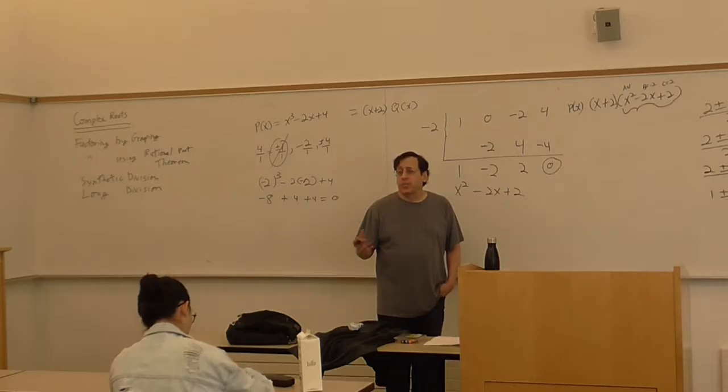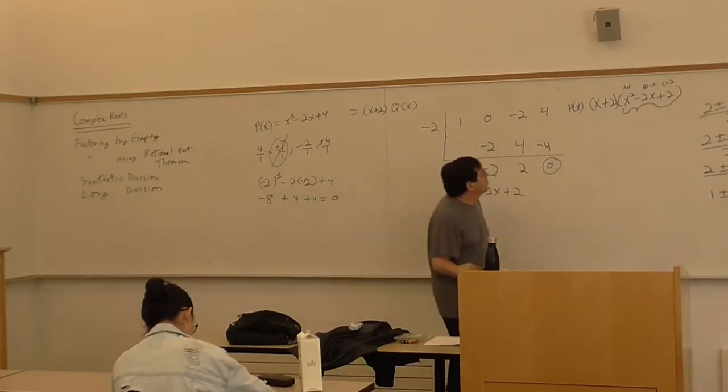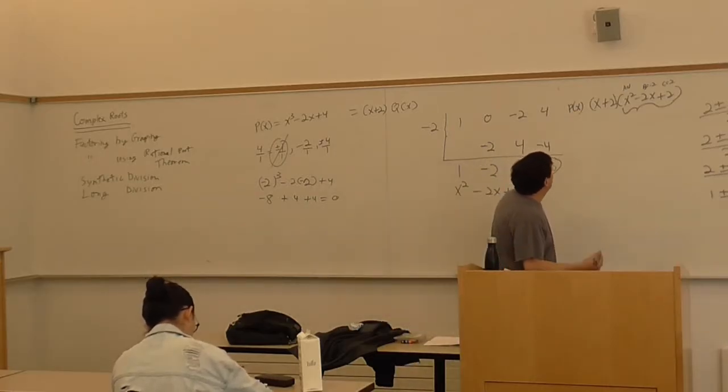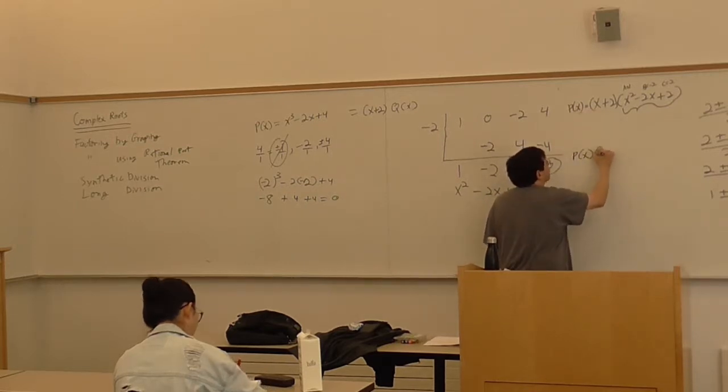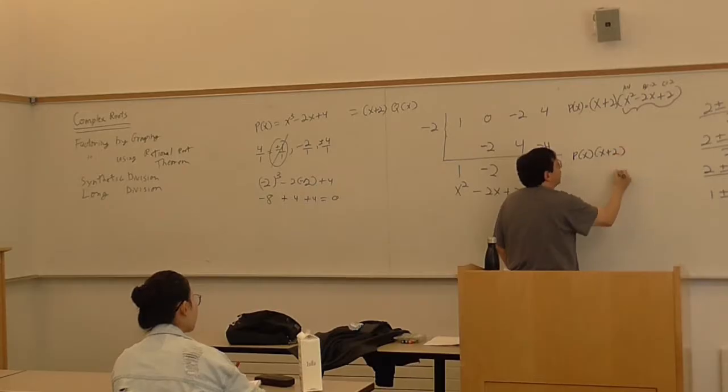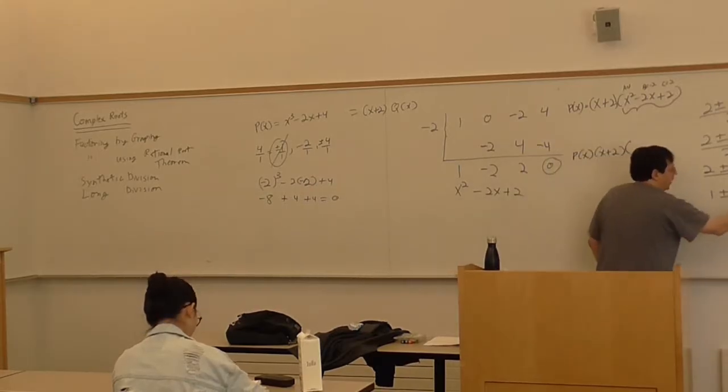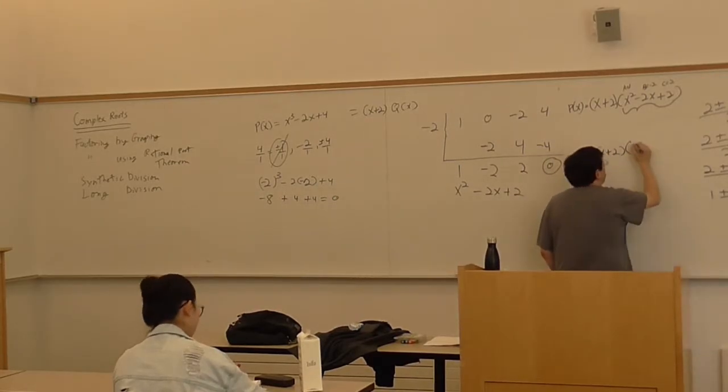So we have complex roots here. Okay, so I still want to factor this. It's p of x, x plus 2 times x minus each of these roots.